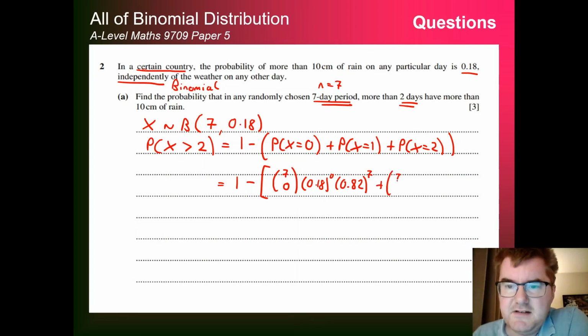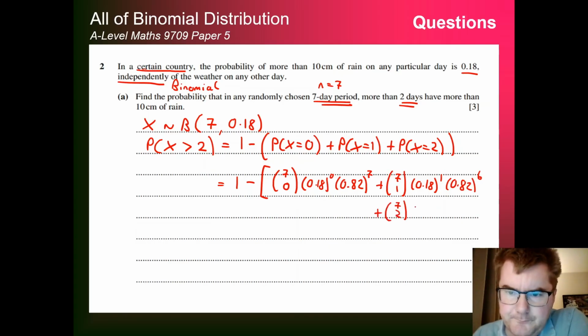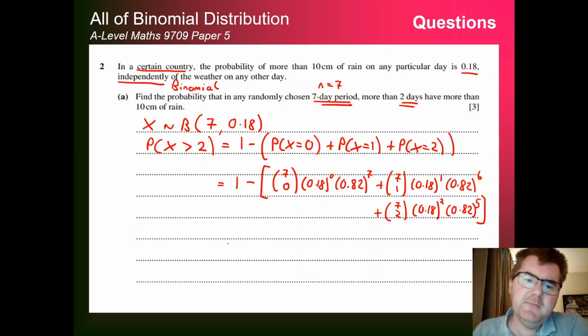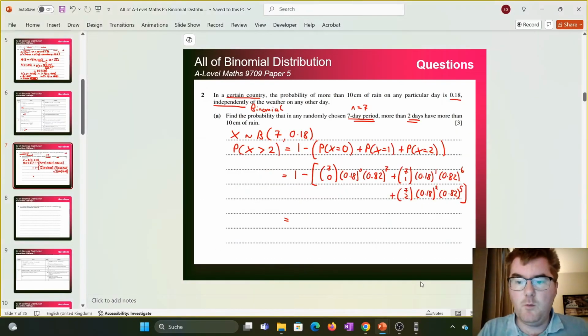And then we have 7 choose 1, 0.18 to the power of 1, 0.82 to the power of 6, and then finally 7 choose 2, 0.18 all squared times 0.82 to the power of 5. So it's easy enough to write this out, it's just being very careful on the calculator how we do this.